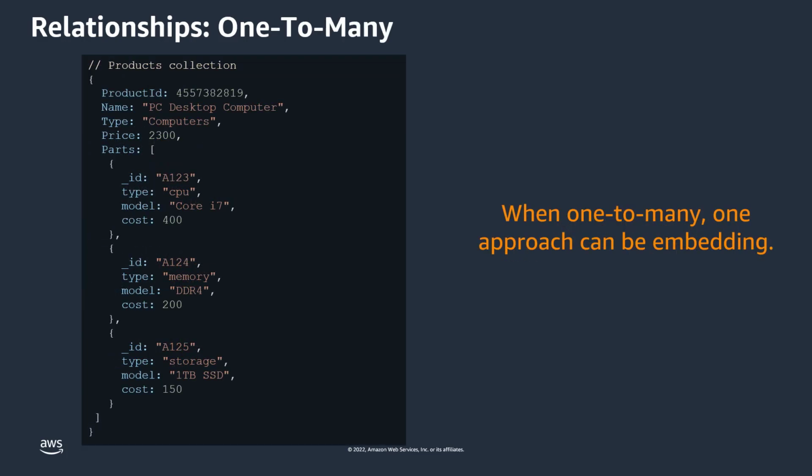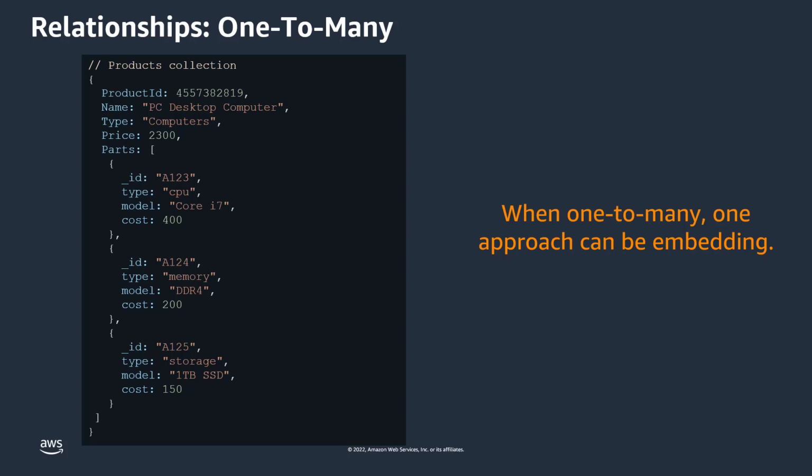Now, the one-to-many relationship can be modeled in different ways using Amazon DocumentDB. And I'm using a different example here with a desktop computer product and its components. So the embedding of the parts in the product document means we can easily retrieve all the parts that belong to that particular product.